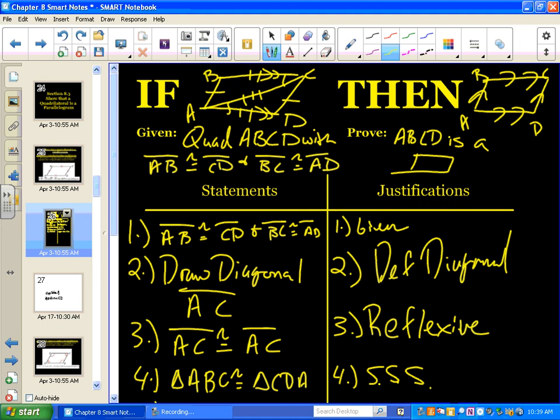What letter do they make? Alternate interior angles make what letter? A Z. Very good. What other Z is up there? Good. Those two angles are going to be what then? Why? CPCTC, because they're both in those two congruent triangles. So BAC is congruent to DCA.